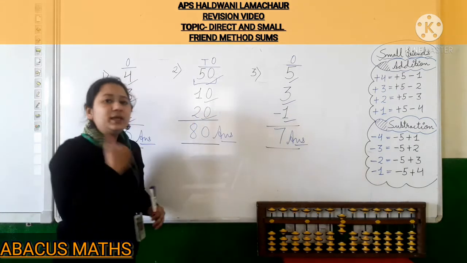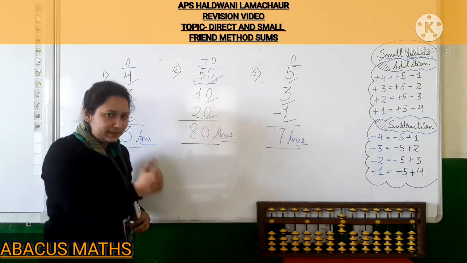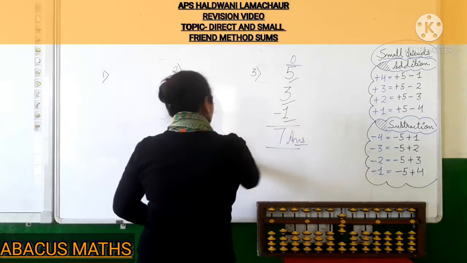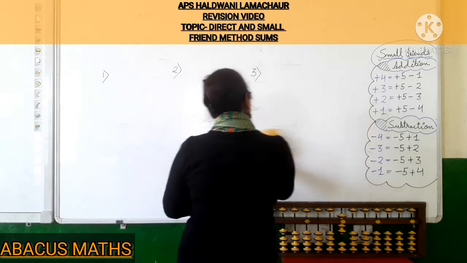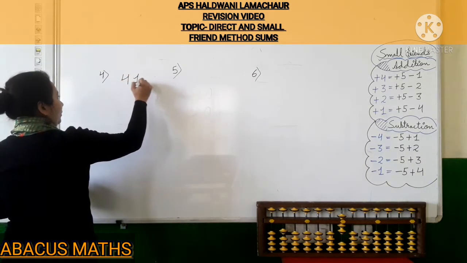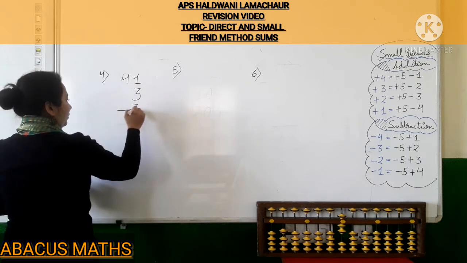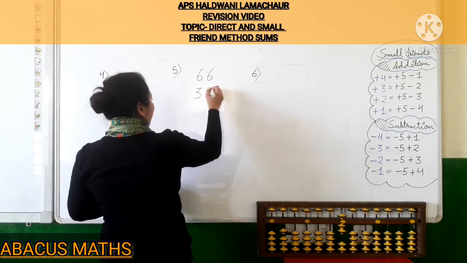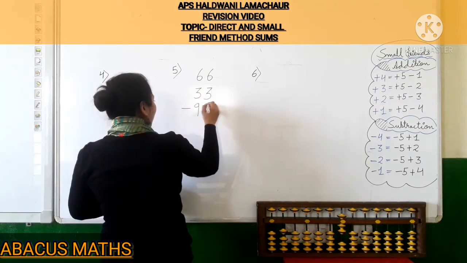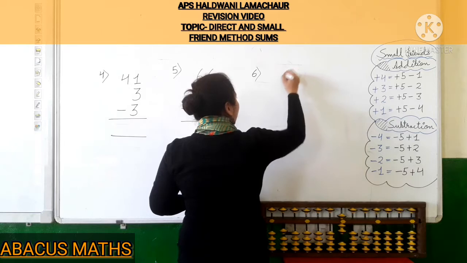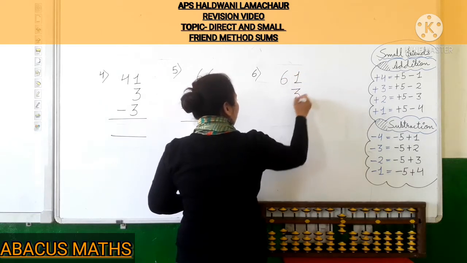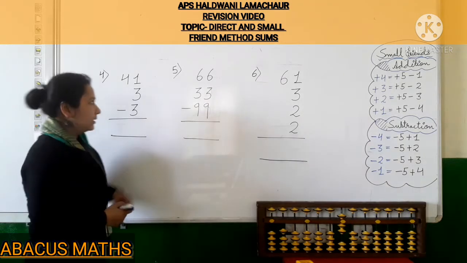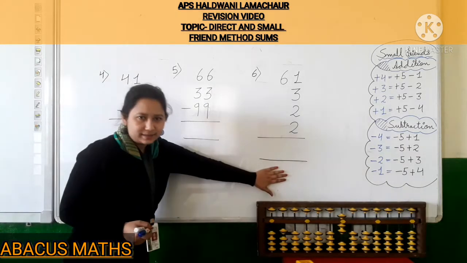Now let's move to the fourth sum, fifth sum and sixth sum. Now kids, it's your fourth sum, fifth sum and sixth sum.